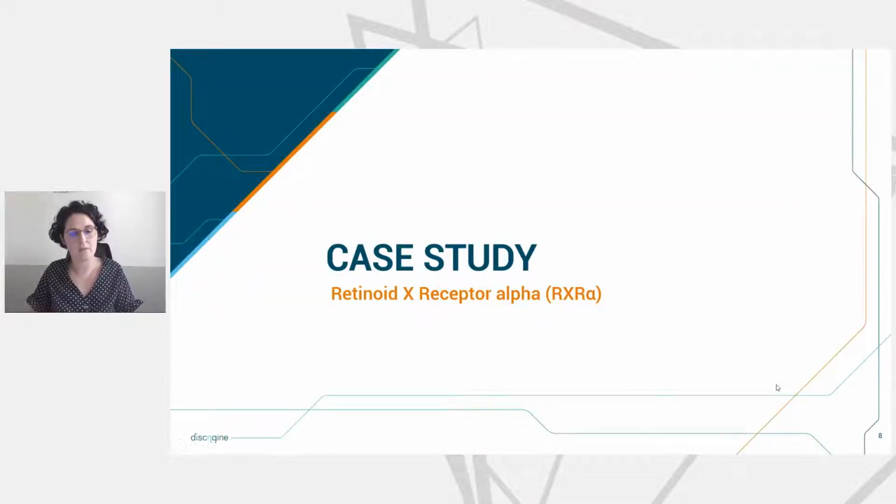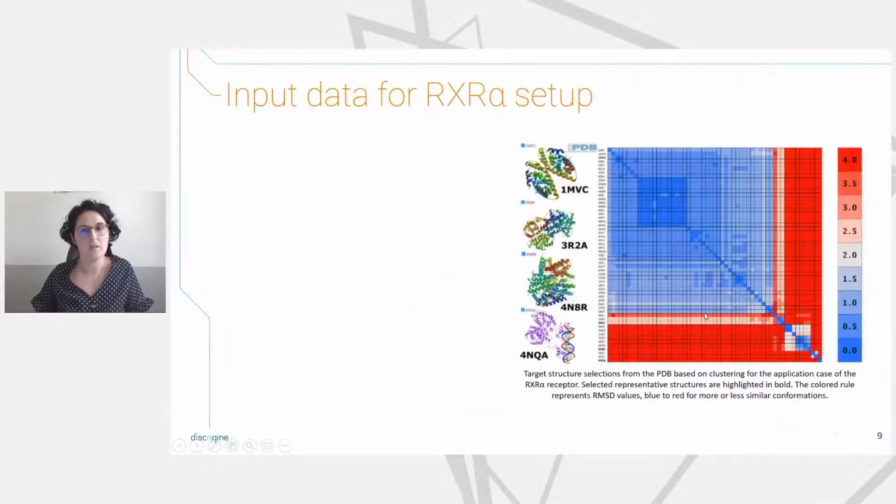Now I would like to show you a case study around a nuclear receptor called retinoid X receptor alpha. Concerning the input data used for the setup, we first had to cluster the 57 PDB structures available. For this, we considered all atoms of the pocket residues and calculated the RMSD between all the pairs.